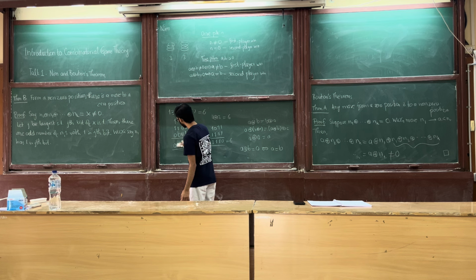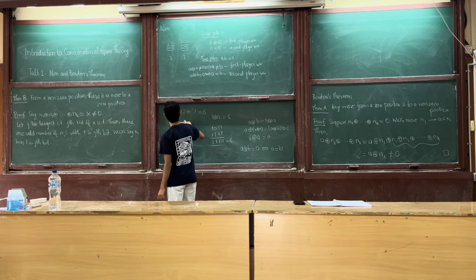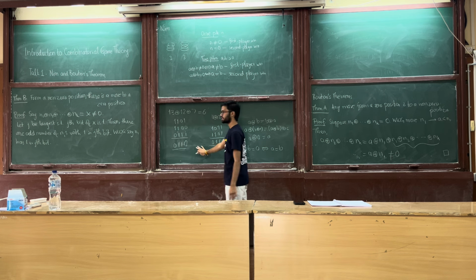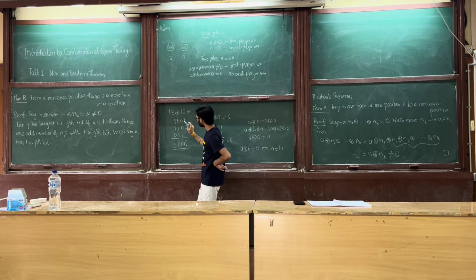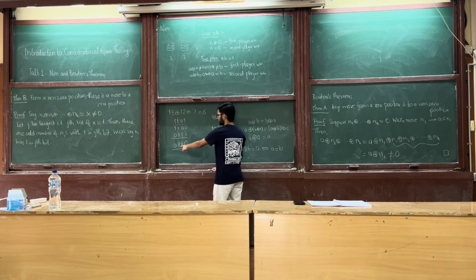So if I just go back to this example, notice very carefully what we are doing. Suppose I pick this thing. Now what I do is I change wherever there is a 1 here, I change the corresponding bit.